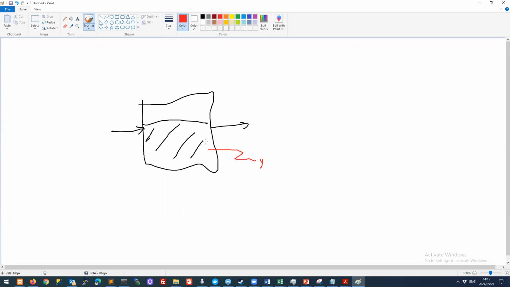For example, it might be the temperature, but it's not where we want it to be. What we actually want is for the system to be at a different value. We desire to have y set point instead. So we want to achieve y set point.